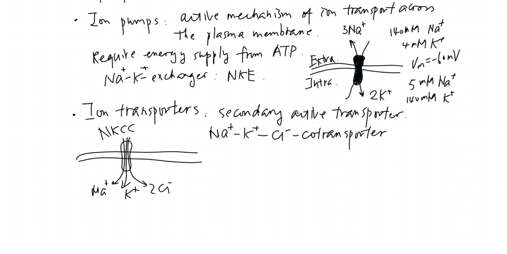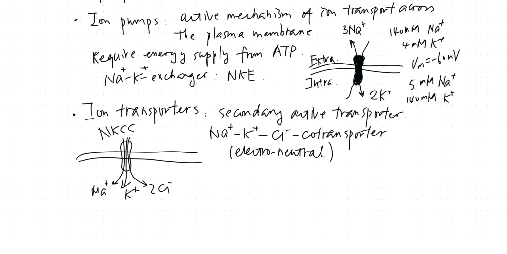It is electroneutral because there is no net accumulation or change of electric charge due to the transport. The sodium ion and potassium ion each carry 1 positive charge, and the chloride ion is 1 negatively charged, so you have to get 2.